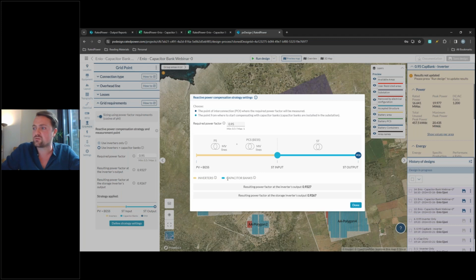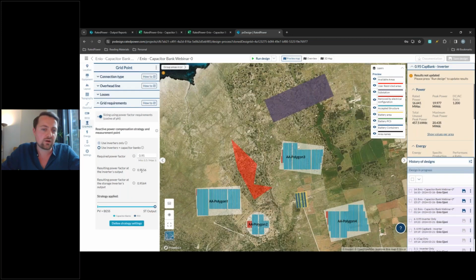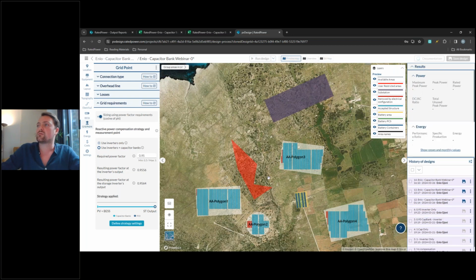In this case, the transformer we need to compensate with the capacitor bank. By having different sections, we'll also see the calculation going on in the background that will calculate the resulting power factor of the inverter's output, both in the generating unit inverter, but also in the storage battery inverter's output.